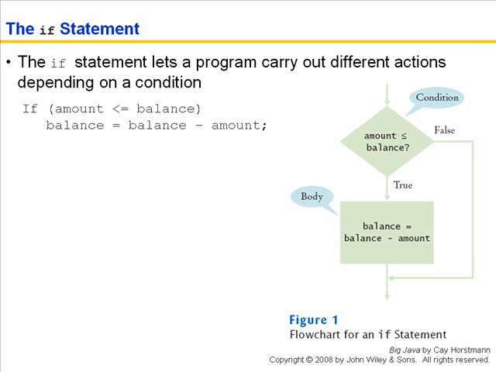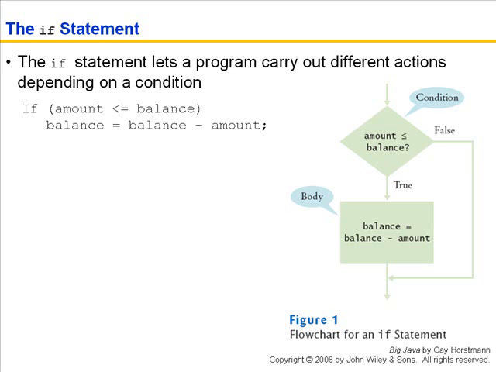We're going to say if the amount of money to withdraw is less than or equal to the balance, compute on the right-hand side of the assignment statement the new balance, taking the old balance minus the amount, and then assigning that value to the instance variable called balance. And at the end of that simple statement, there'll be a semicolon.